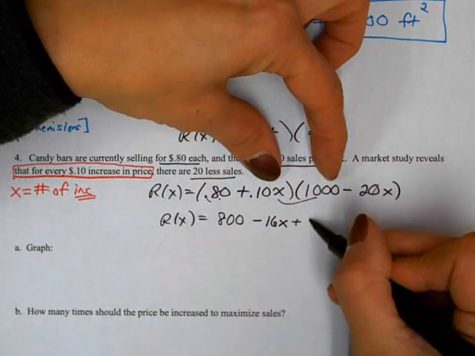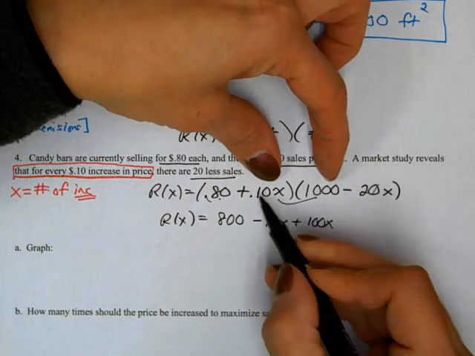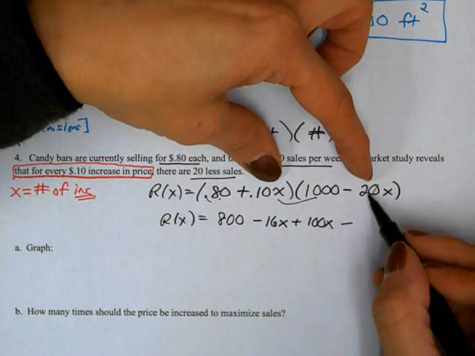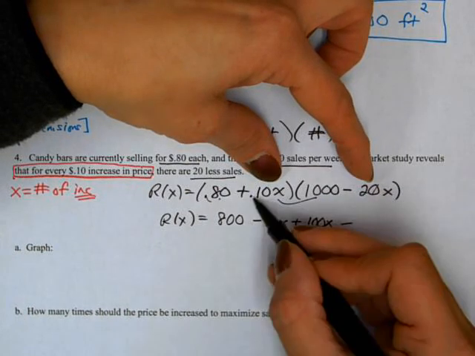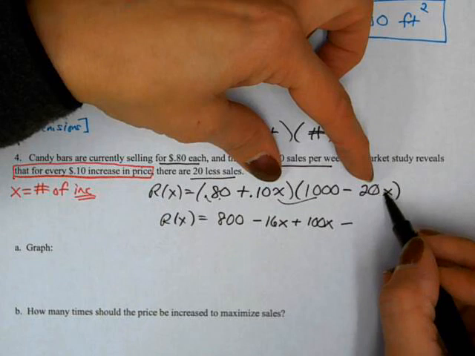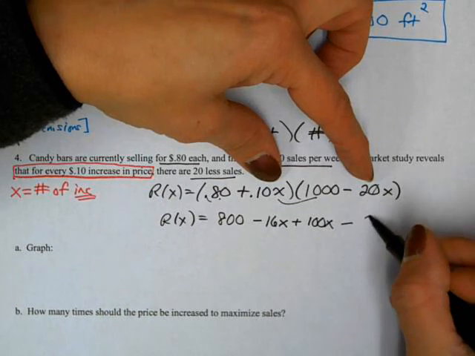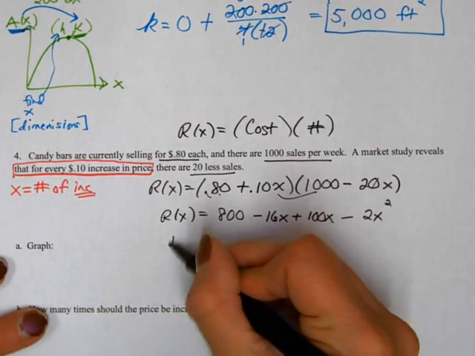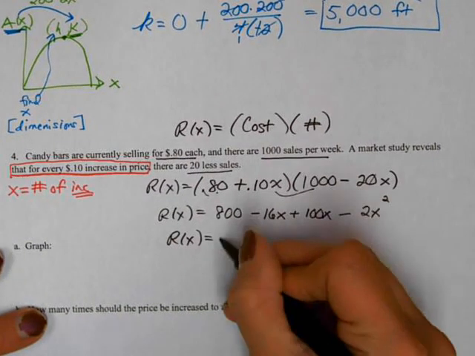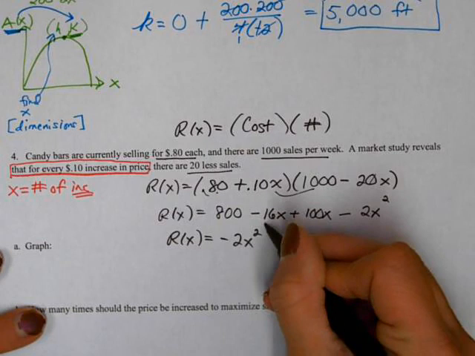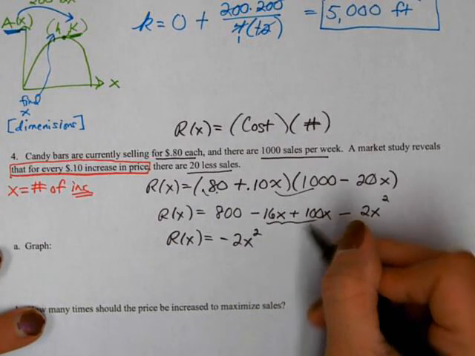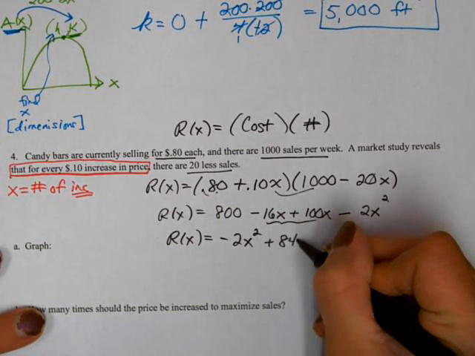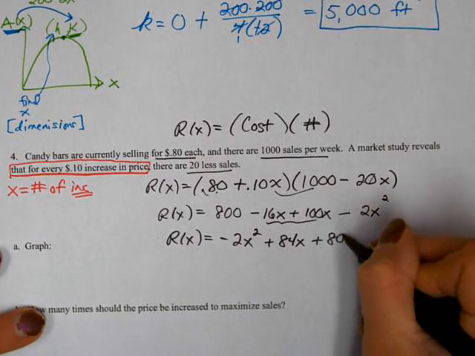That's going to be plus 100x. And last, 0.10, you just move the decimal over 1. It's going to be 2x squared. Let's write this in descending order. Negative 2x squared plus 84x plus 800.